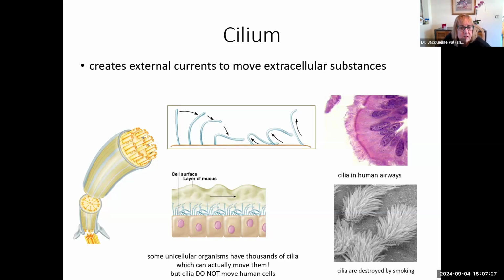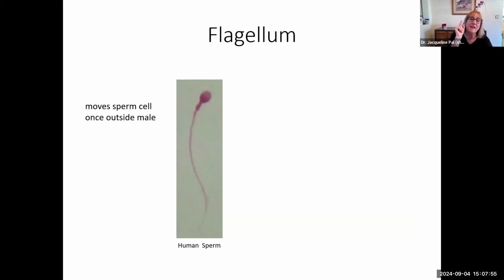Did you know that some unicellular organisms have thousands of cilia? They have so many that they can create currents in the fluid that they live in that can actually move the organisms. But remember, cilia are not capable of moving human cells. They only create external currents to move extracellular substances in humans. There's only one human cell that can move, and that is the sperm cell, and it can move only after it's outside, because it's a lazy cell as long as it's inside the male, and it doesn't do work while it's still inside.